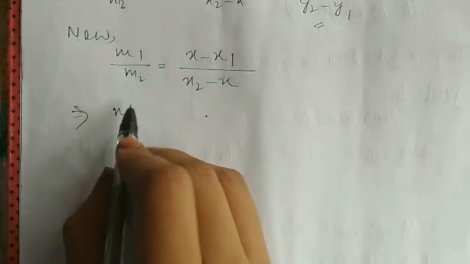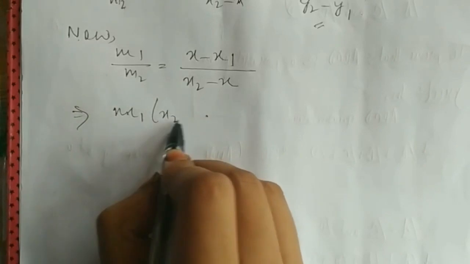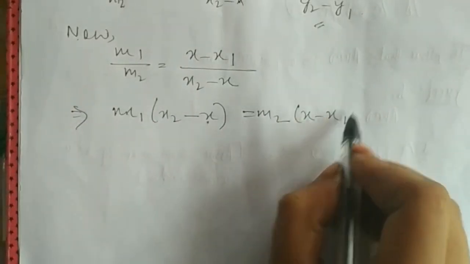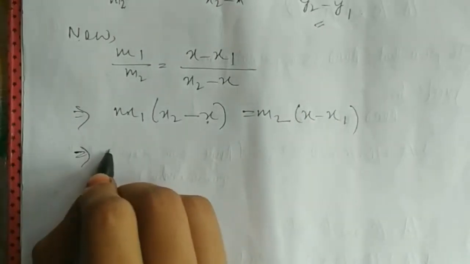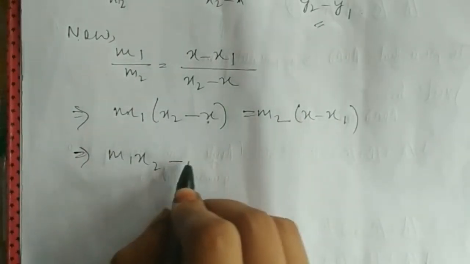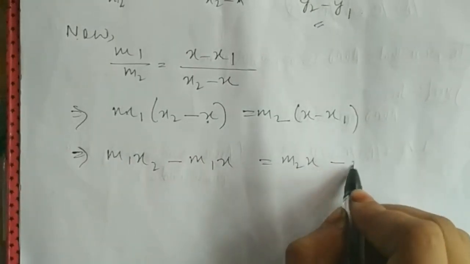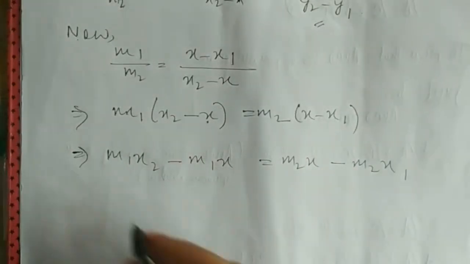Cross multiplication is the general method. So M1 times X2 minus X equals M2 times X minus X1, which gives M1 X2 minus M1 X equals M2 X minus M2 X1.